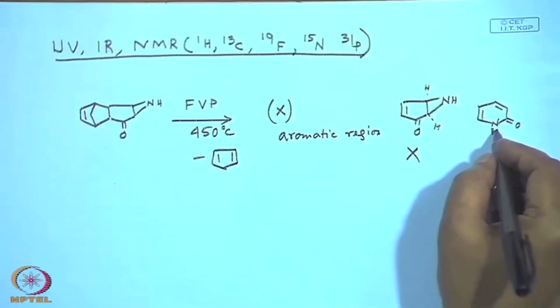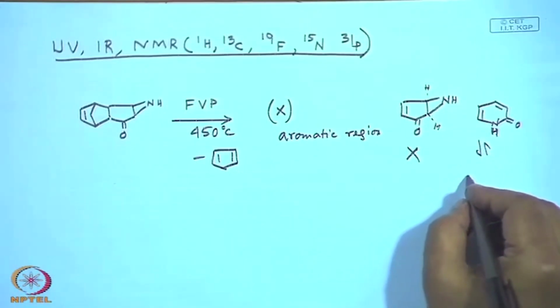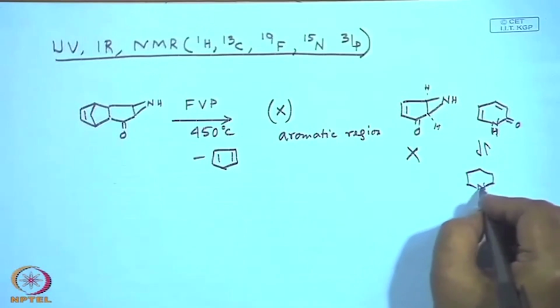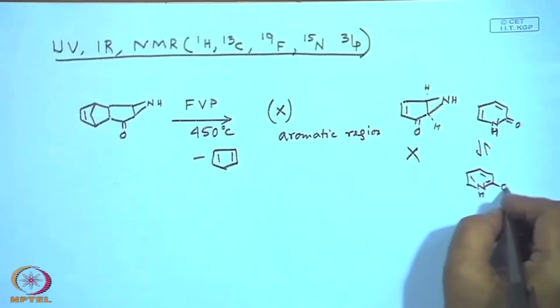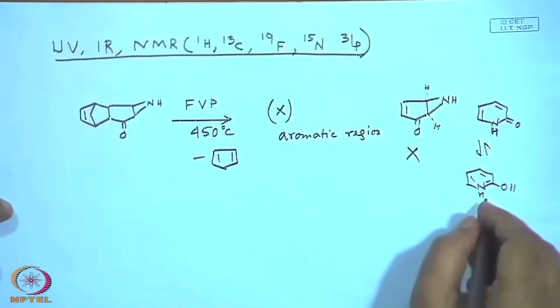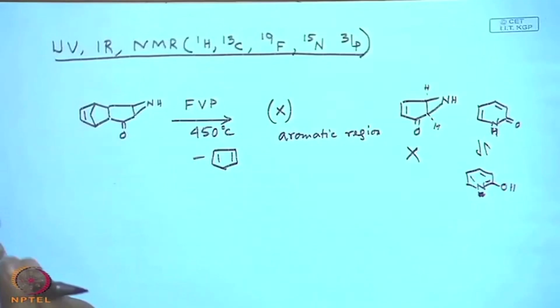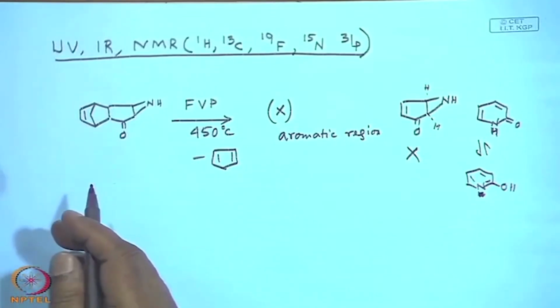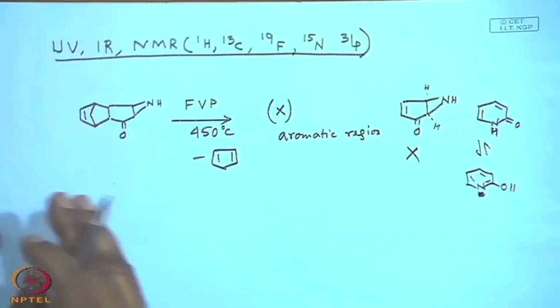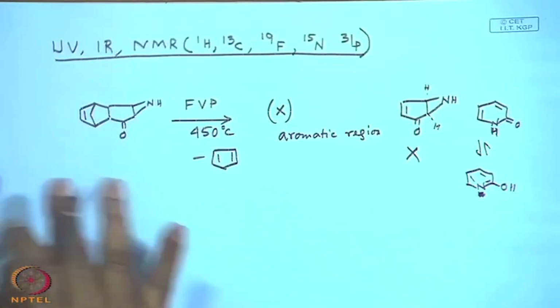But one can argue that this compound also could be 2-hydroxypyridine. So, this was actually a problem. How to establish this? It is a problem of a tautomeric mixture of compounds: how to establish which tautomers are present in a molecule.